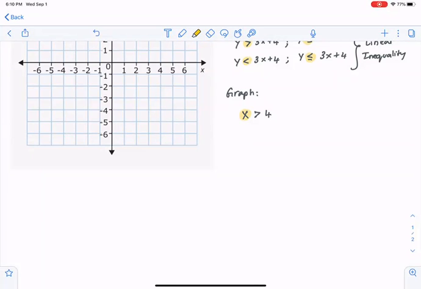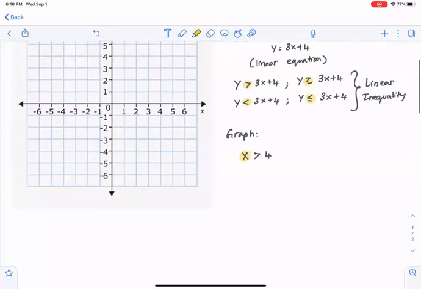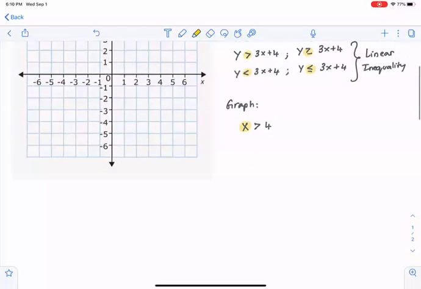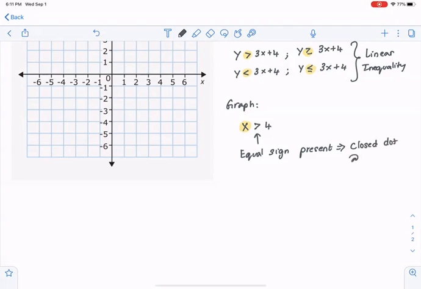So x greater than 4 would simply lie on the x-axis, and you have to pay attention to the sign. If it has an equal sign, then we put a closed dot at 4.